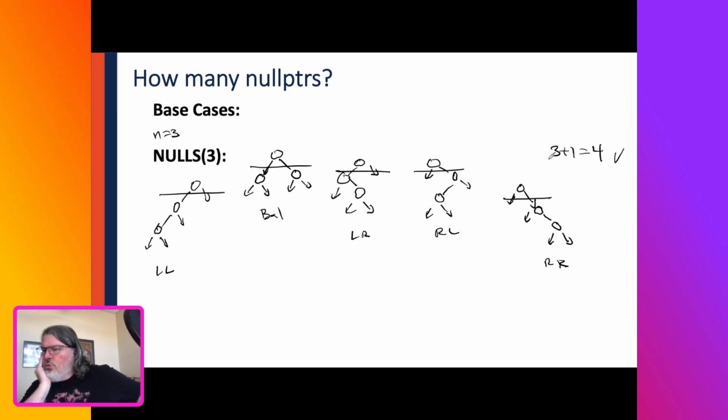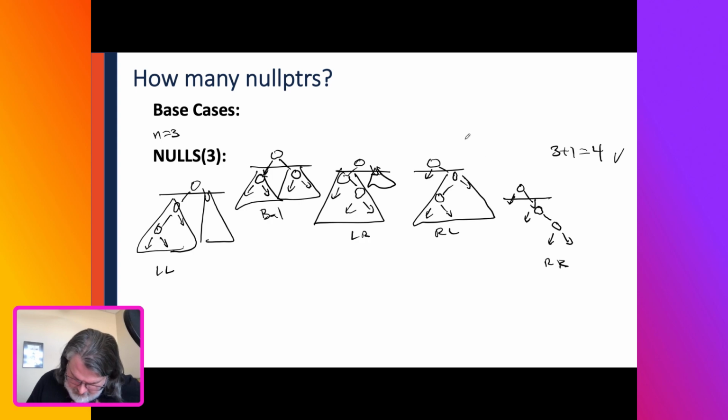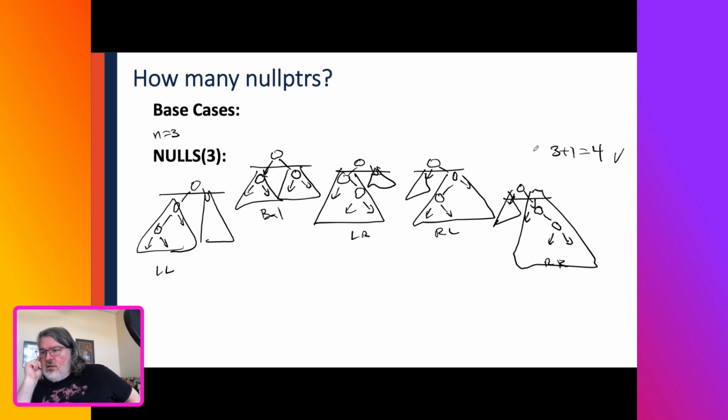Because remember, we talk about empty trees. So all of these trees can be thought of as a root with 2 subtrees. And I realize some of these subtrees are funny, but all of these trees have a root with 2 subtrees.